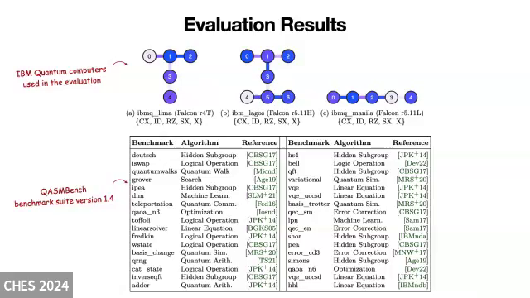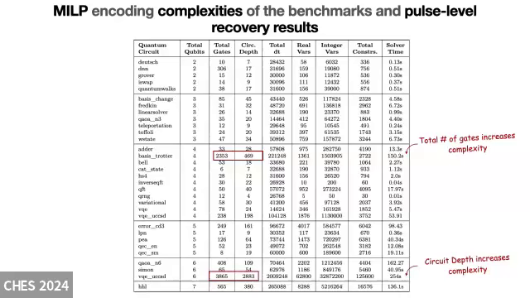In our evaluation, we use 3 different IBM quantum computers, T-shape, L-shape, and H-shape. For quantum circuits tested, we use well-known benchmarks from the Qiskit benchmark suite. The results of our evaluation on benchmark quantum circuits provide compelling evidence of the high accuracy and effectiveness of our techniques in reconstructing quantum circuits.